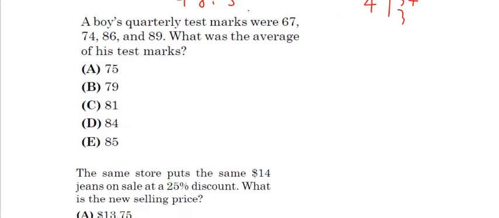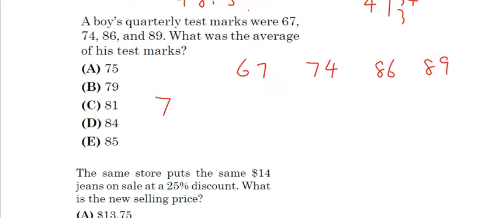So this one is quite the same. We have 4 numbers. What is the average? These numbers are quite big, so we just try to make them smaller. So we just set a baseline number. We can set 70 or 80, right? So let's set 70. So this is a 4. Oh, maybe set 80, but it doesn't matter. So here is negative 3, right? And this is 16 and 19.